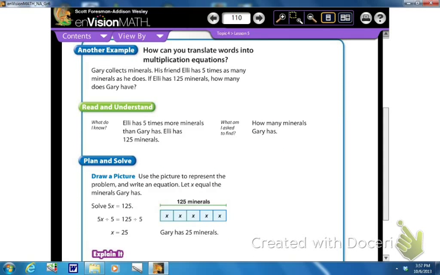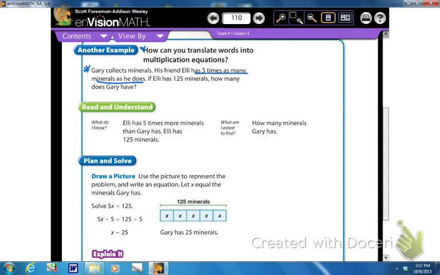Okay, let's look at another example on page 110. How can you translate words into multiplication equations? All right, so here is our problem. And if you need to, pause me, rewind me, listen to it again. Gary collects minerals. His friend Eli has 5 times as many minerals as he does.